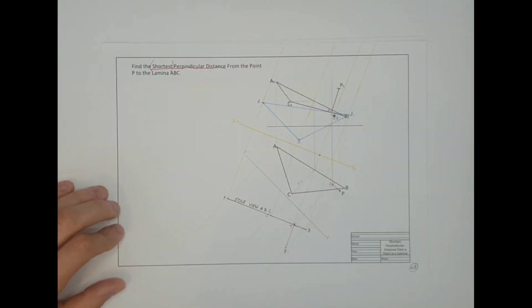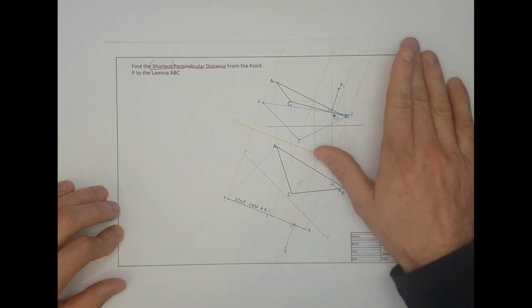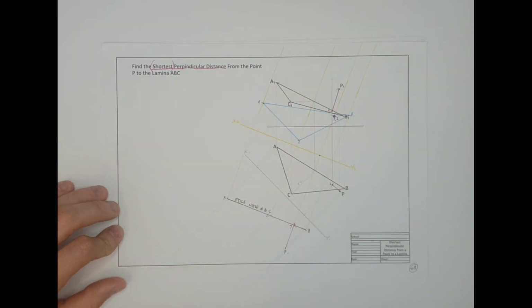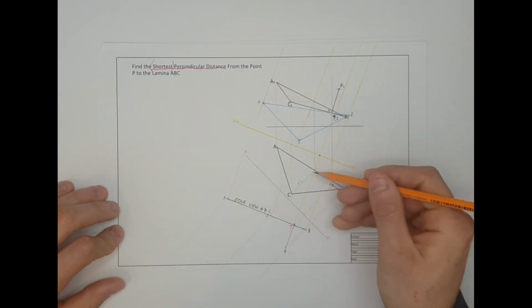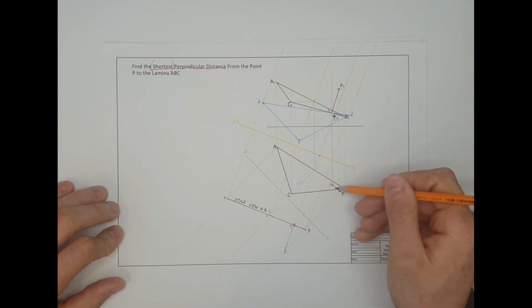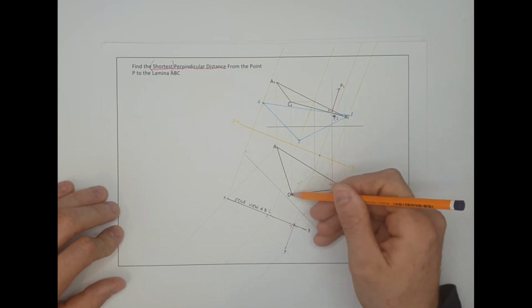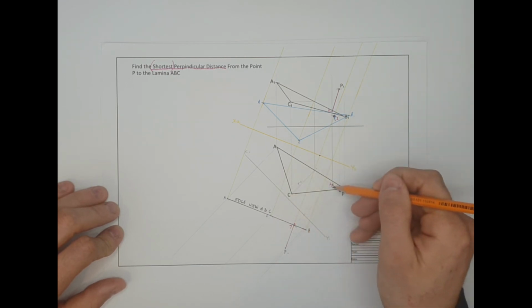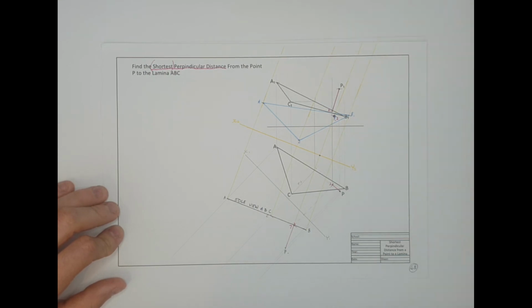Then this was the shortest perpendicular distance from a point to a lamina. That was another one we went through there. Again, there's probably no need for that blue view there, because we can assume that when we look along the true length line the perpendicular distance is going to be perpendicular to the true length line, or the strike line, parallel to the x1, y1 line, as I said towards the end of that video.